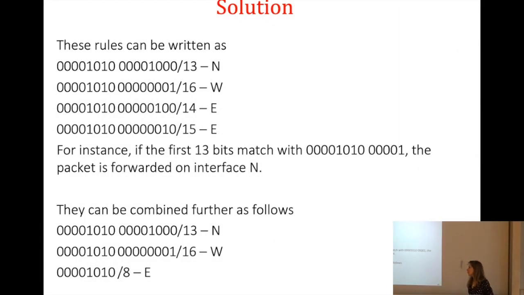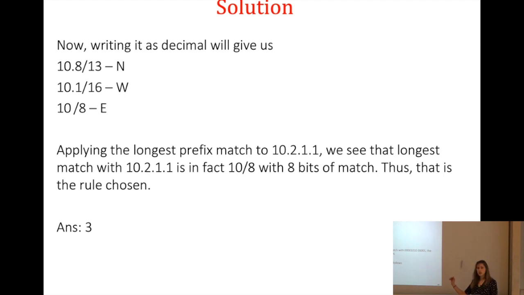Now we have routing table rules that are still written in bit strings, but we can rewrite this in decimal format, which will look like this: 10.8/13, 10.1/16, and 10/8, which will go to the Eastern interface.